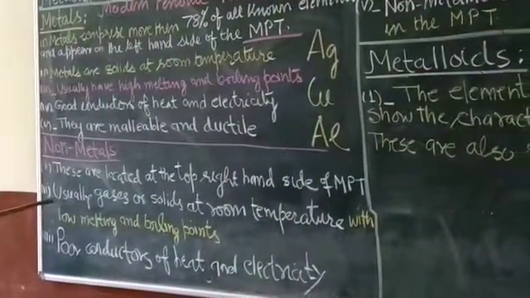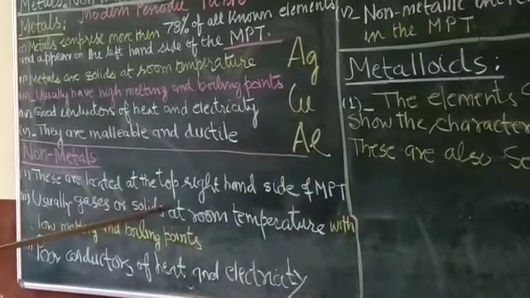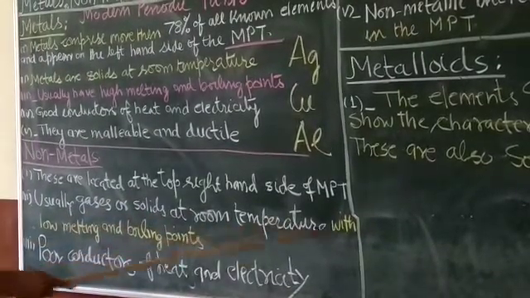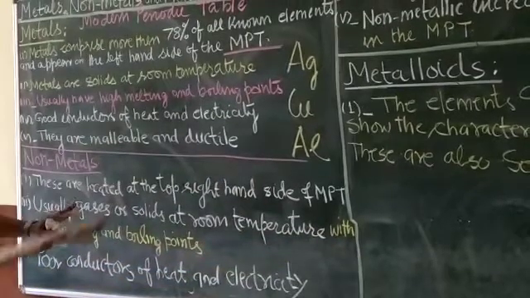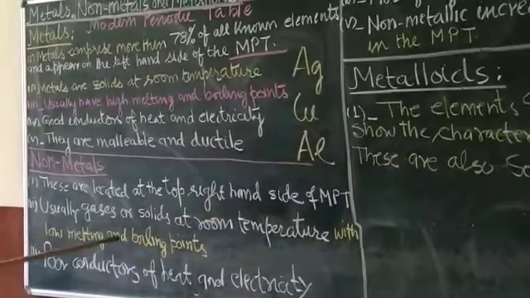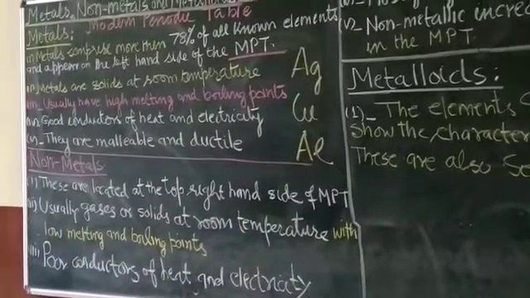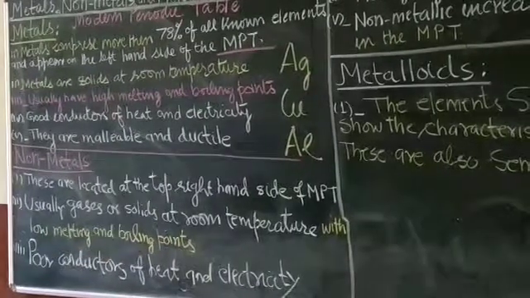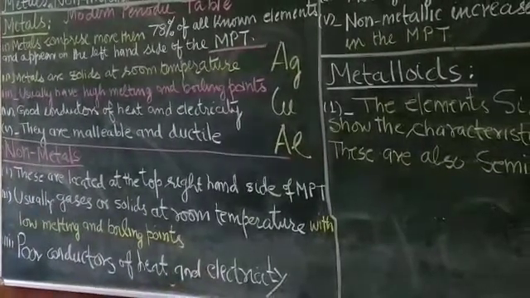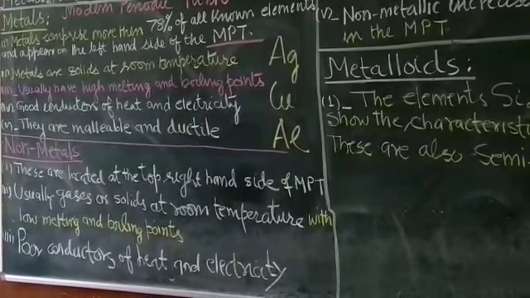Property number 2. Usually the non-metals are gases or solids at room temperature, with a contrasting feature of low melting and boiling points. Third property, they are poor conductors of heat and electricity. They are poor conductors of what? Heat and electricity.